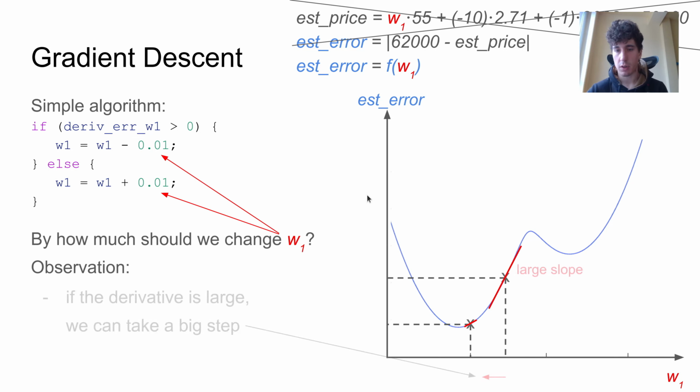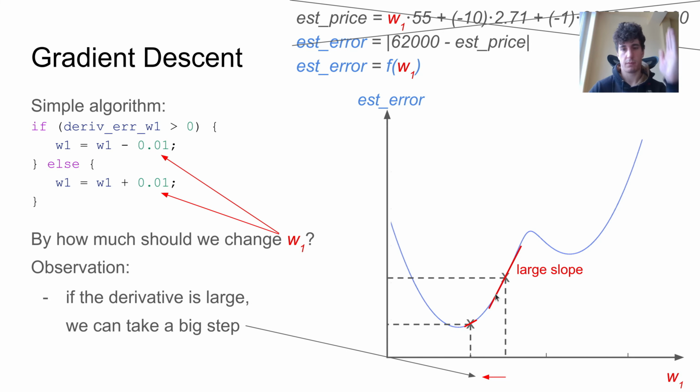There are two cases. If the slope is large, we can decrease W1 by a bigger value. We can take a big step, if this slope is very big.